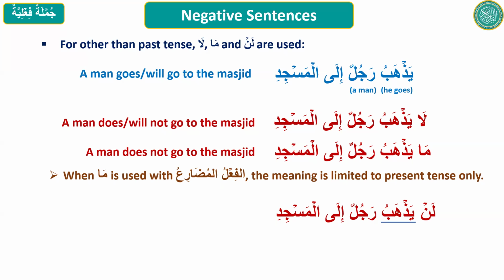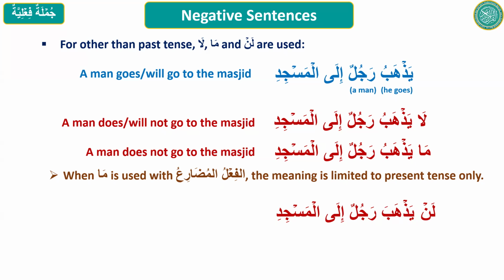Over here, it will be something different, but we have to make a change. So when lan is used with al-fi'l al-mudari, what happens? It replaces the haraka on the last letter, which is dhamma right now, with a fatha. Lan yazhaba. This is the correct sentence.